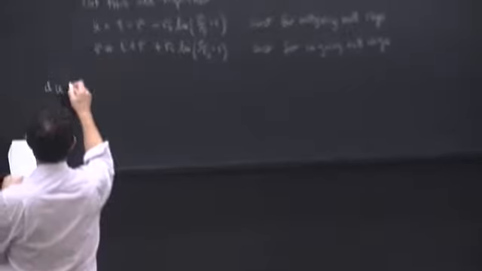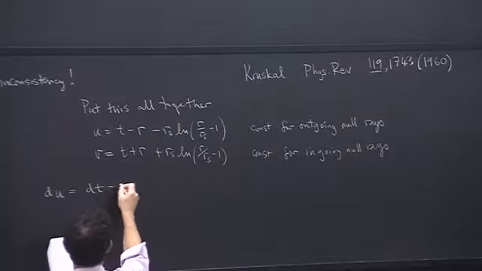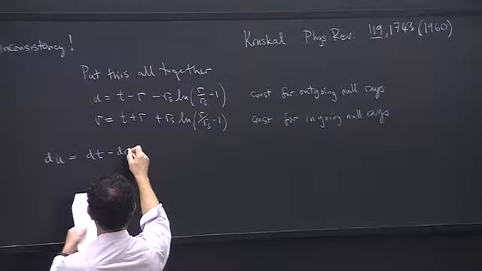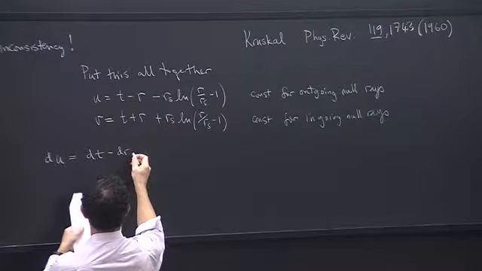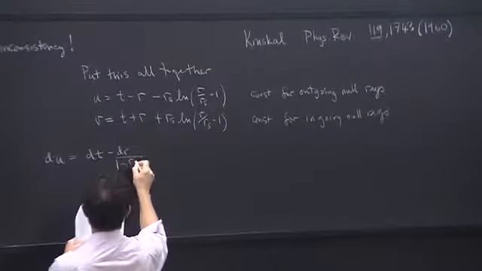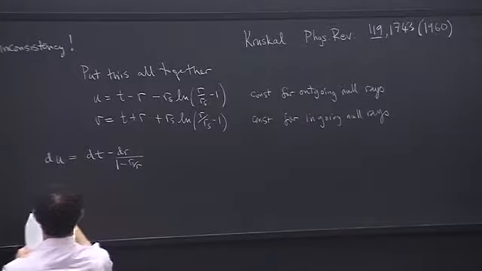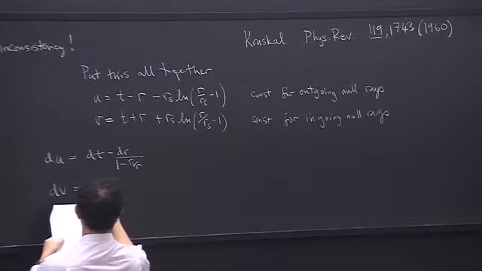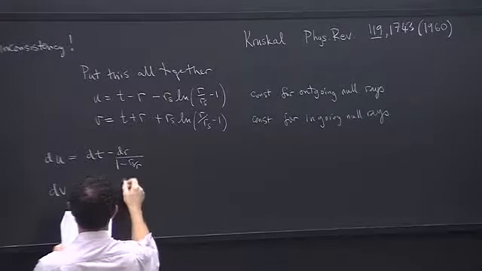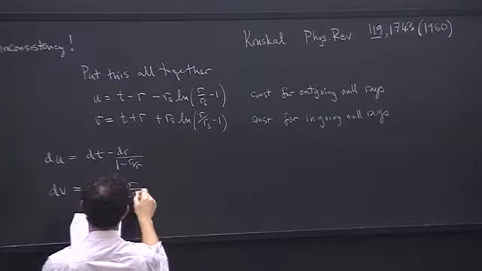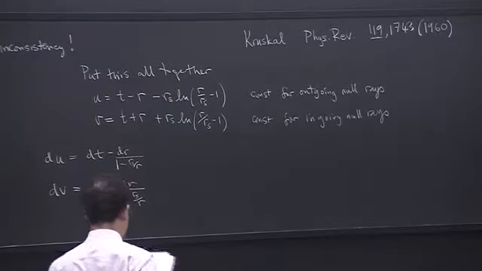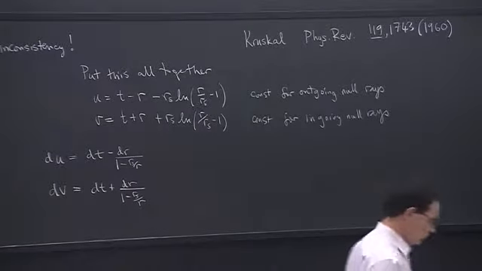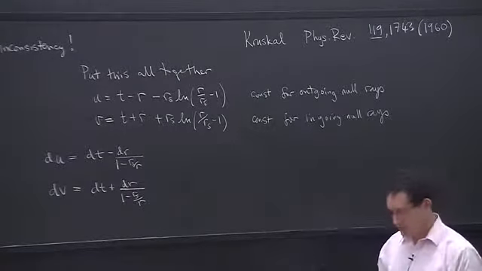And so we have du equals dt minus dr over 1 minus rs over r, and dv equals dt plus dr over 1 minus rs over r, just by differentiating the log.